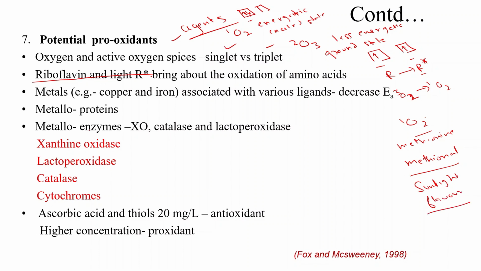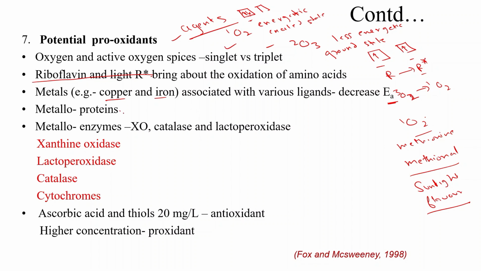Now next is metals, copper and iron. I have told you that metals act as pro-oxidants. They lower the activation energy and thereby increase the speed of the autooxidation. Some of the metals like copper, iron, nickel, cobalt are pro-oxidants.